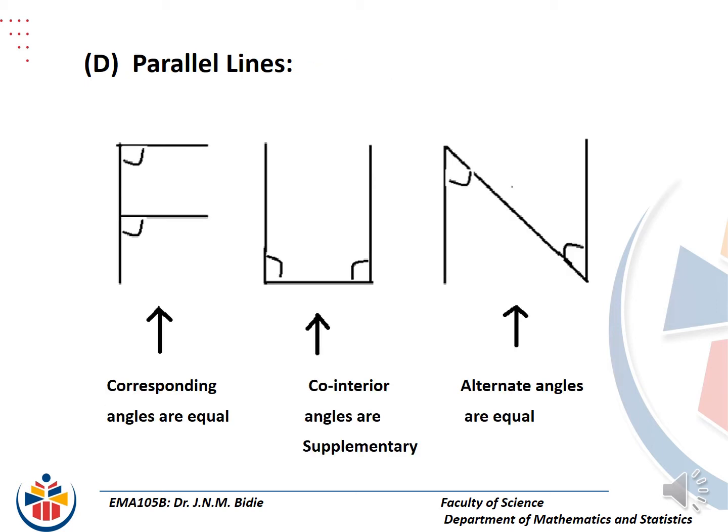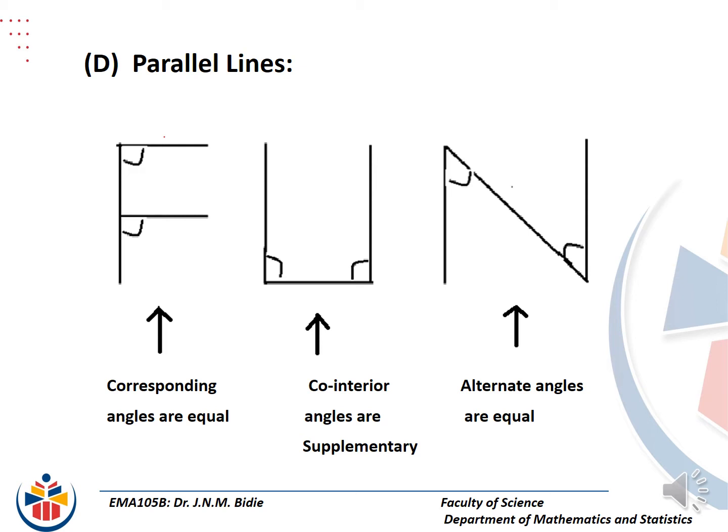We get two parallel lines. As part of our revision, we have to remember that in order for us to get the parallel lines correct, we need to know its properties and what it means for the angles that are involved.